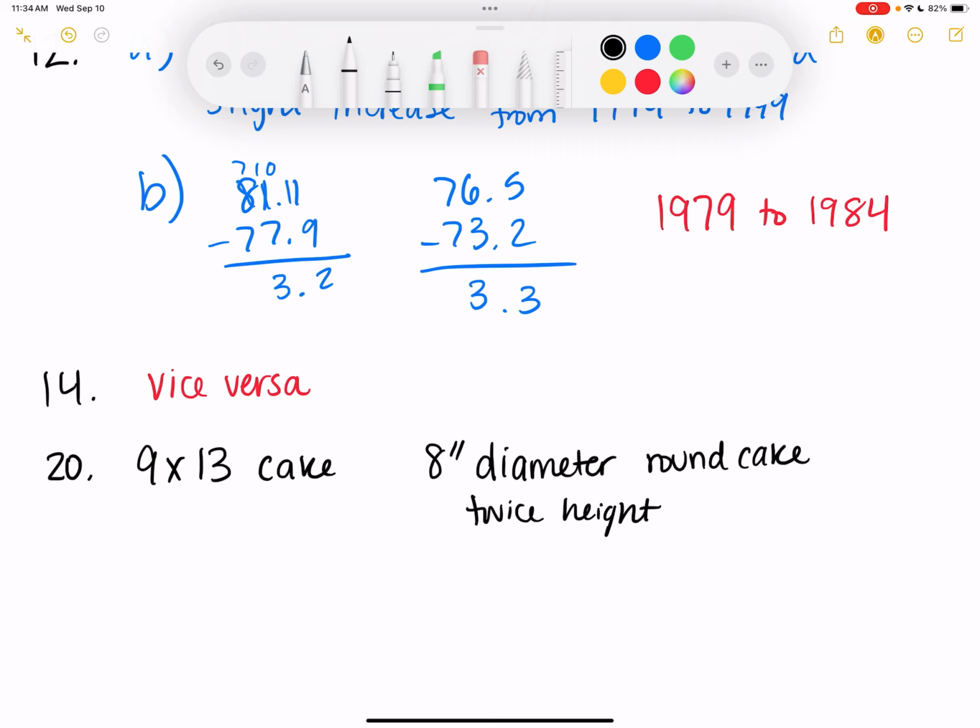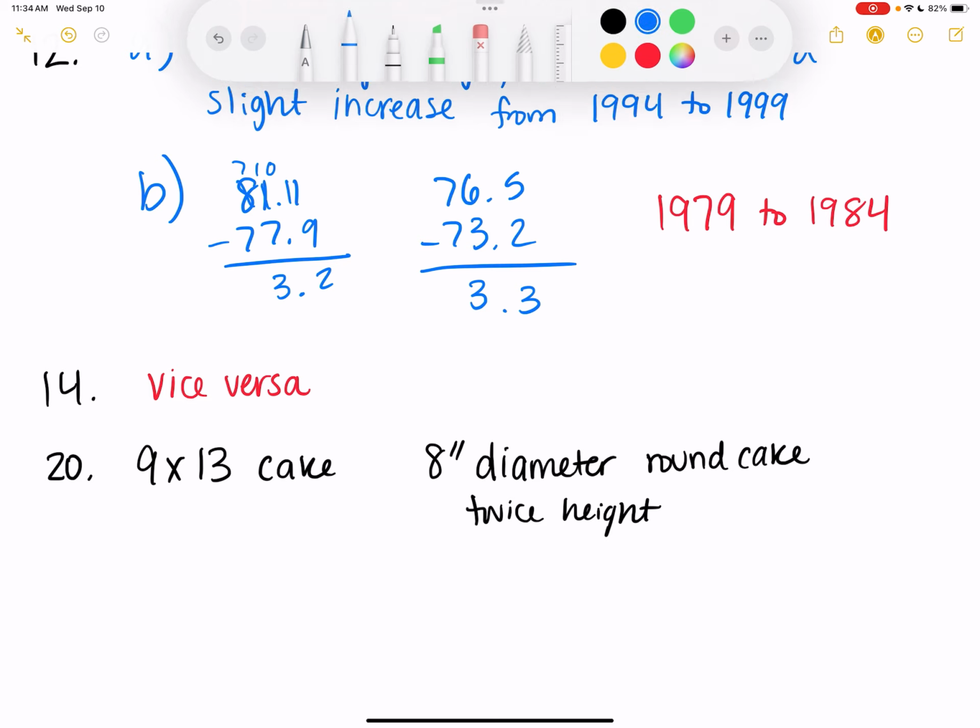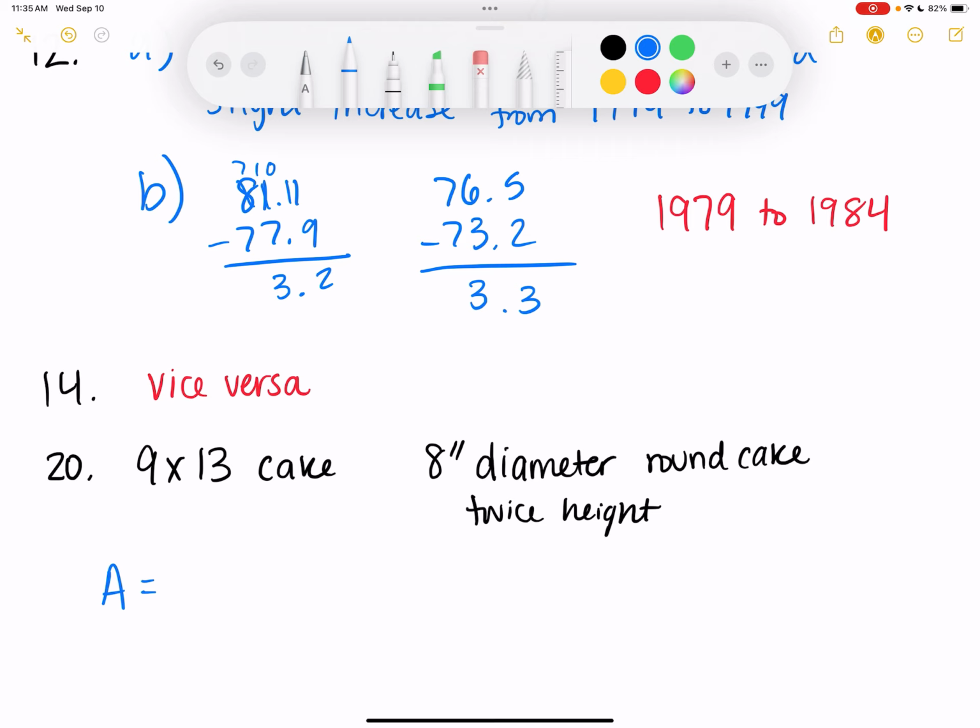Find the area of both. Or you could find the volume, but we don't know the height of the rectangular cake, so we can't find the volume.